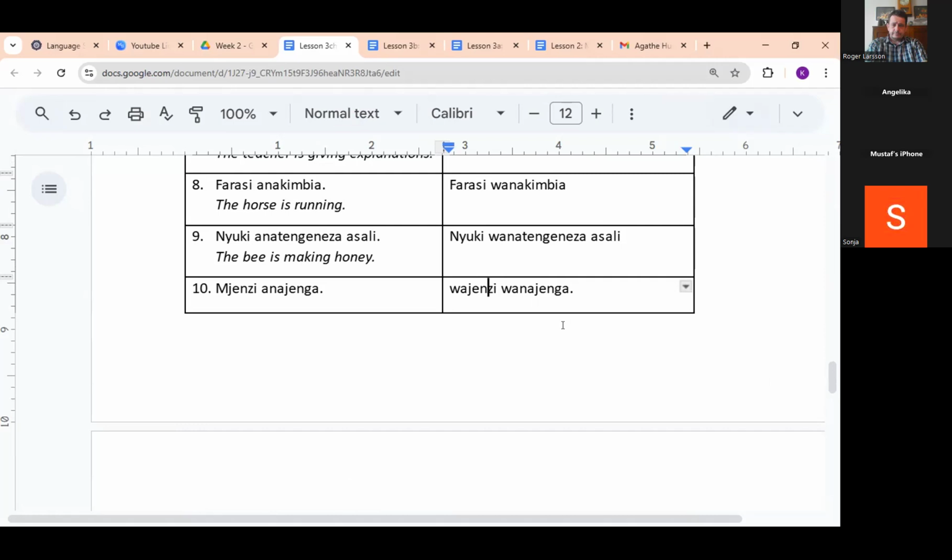Any question with how these nouns agree with the Swahili verbs? Yeah, karibu tafadhali. The last one, the builder is building. Would that be then mhandisi?